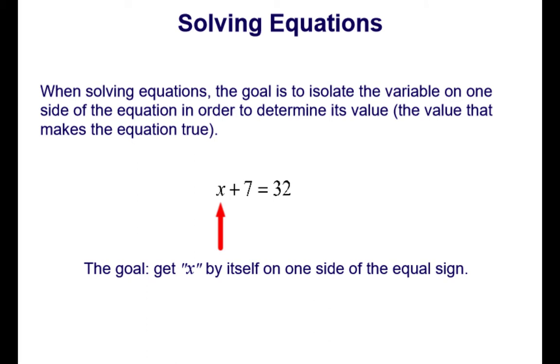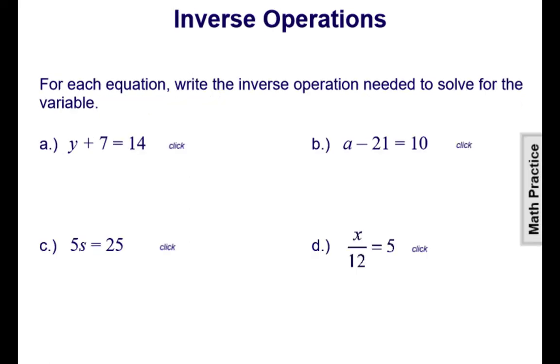When solving equations, the goal is always to isolate the variable on one side of the equation in order to determine its value, and that's the value that makes the equation true. So, for example, x plus 7 equals 32. Our goal is to get x, the variable, by itself on one side of the equal sign. So here, we really need to use inverse operations, or those opposite operations, to do that, to solve for a variable on one side.